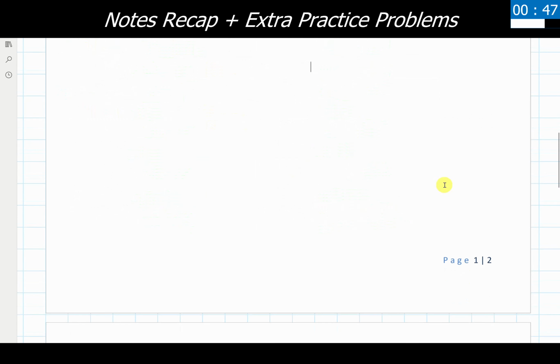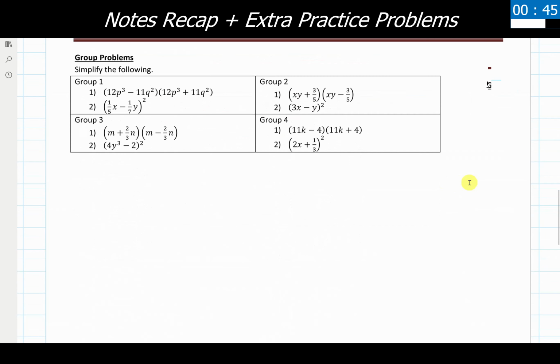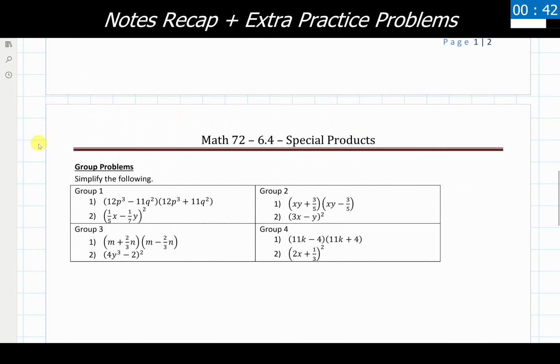So we'll scroll down and take a look at some extra practice problems. If you would like to take the opportunity to try some of these for yourself, I'd recommend pausing the video right here. Remember to identify which of the forms we are starting in. It's got to be one of those 3. Identify that and then follow through with the process that we did to get to our final answers.